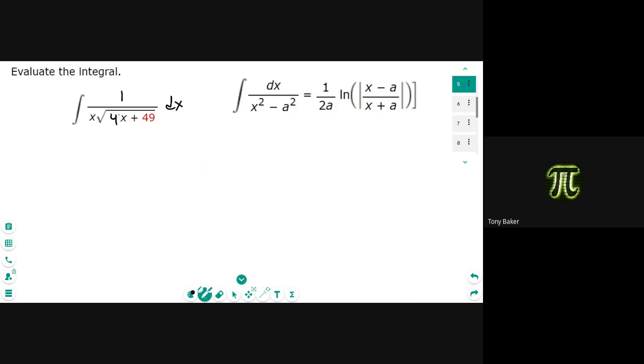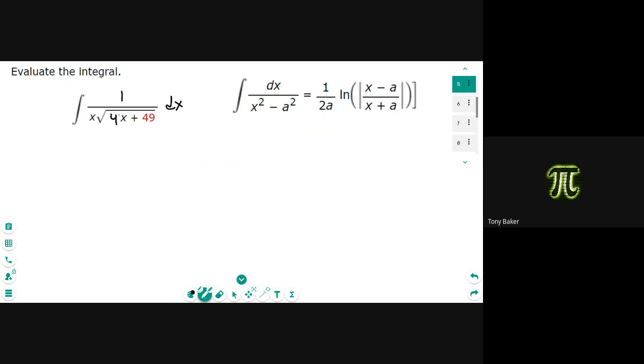It was when we did a whole bunch of the ones with the square roots and the x's and the squares. I put this one up there when we did the partial fractions one, because if you do it out with partial fractions, it becomes really messy. So this one just works out nice this way.